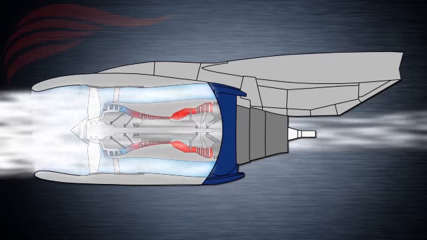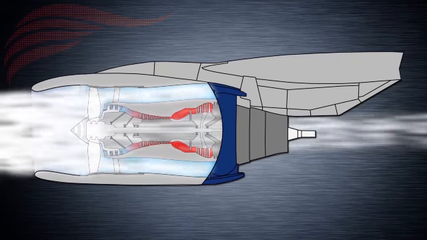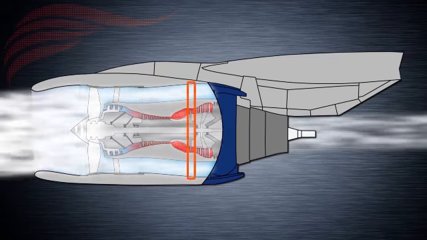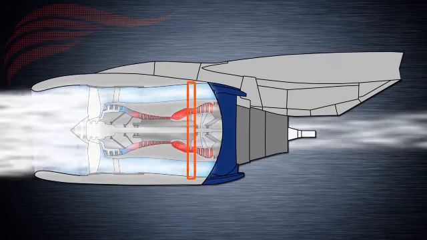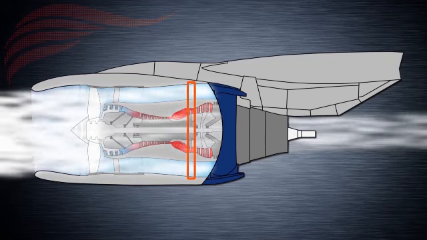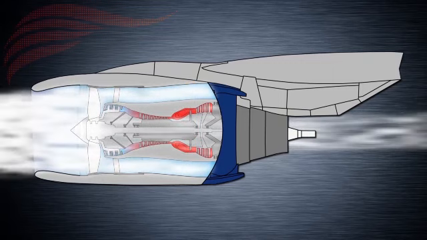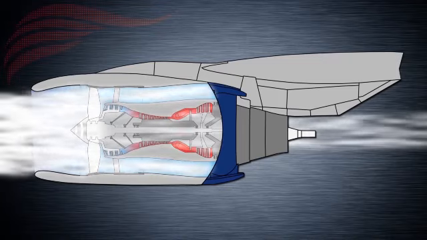Because the hot gases in the combustion chamber carry so much thermal energy, they move further to the high-pressure turbine. This is a single-stage turbine that converts some of that thermal energy into mechanical energy in order to move the high-pressure compressors. The high-pressure turbine is linked to the high-pressure compressors with a shaft.